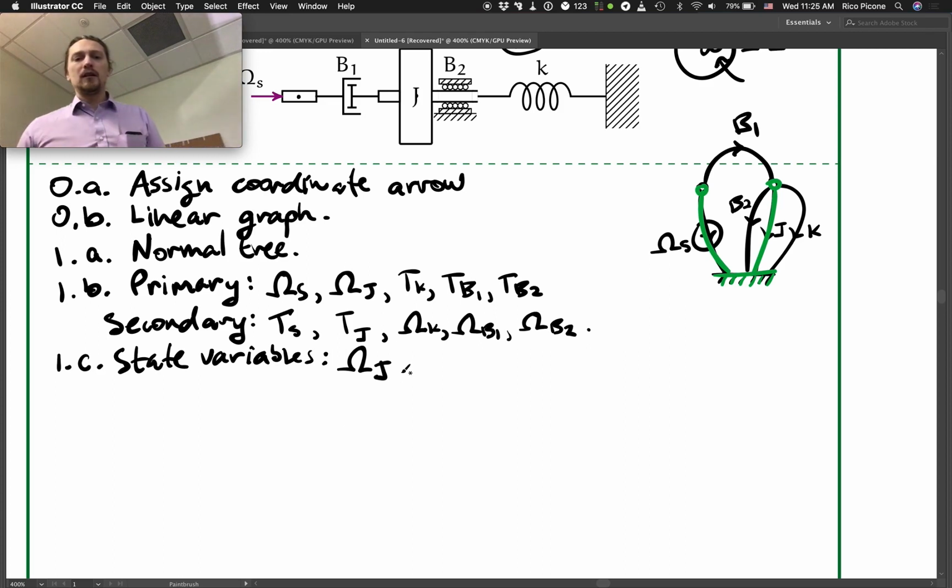And if you want, the other state variable is going to be associated with the T-type energy storage element in the links. So the T-type is K, and its through variable is the torque, Tk. So that implies that the order of our system is second order, n equals 2.